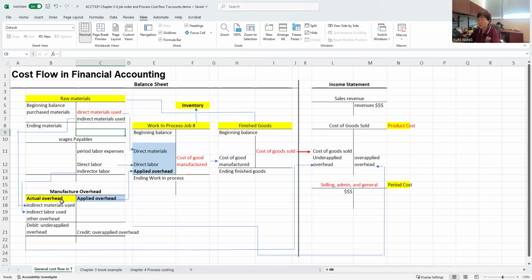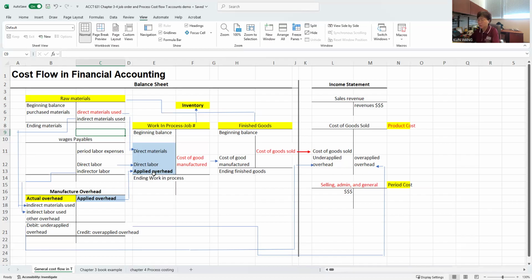We haven't been able to figure out the actual overhead when we need it to compile your cost reports. Also, if you use actual overhead, it can cause many fluctuations of the cost, especially for seasonal productions. Utility expense, right, between the summer and winter can be significantly different.